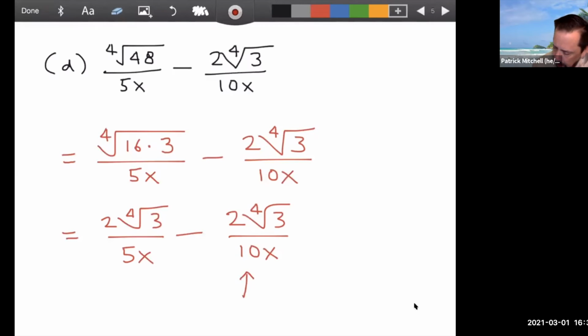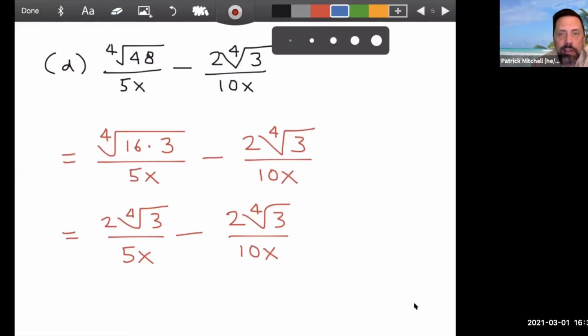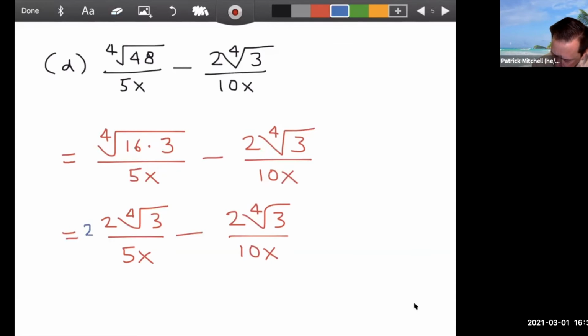I am not going to do it that way, only because when you get to a homework problem that's like this, you may not be able to do that. So I want to show you the way that's going to work every time. Okay, and that would be to get a common denominator, which in this case would be 10x. I got to multiply the top and the bottom of this one by 2.